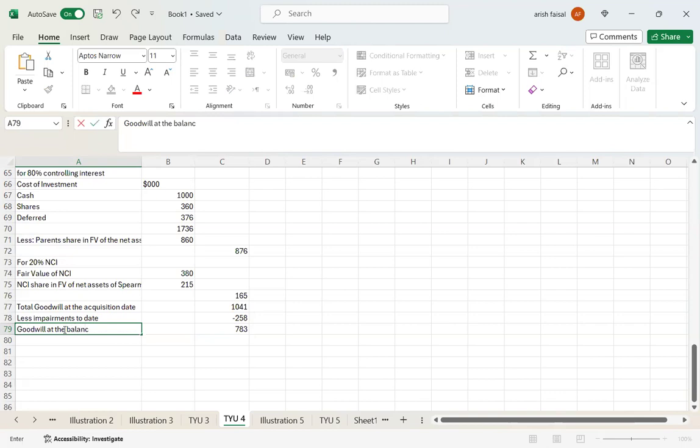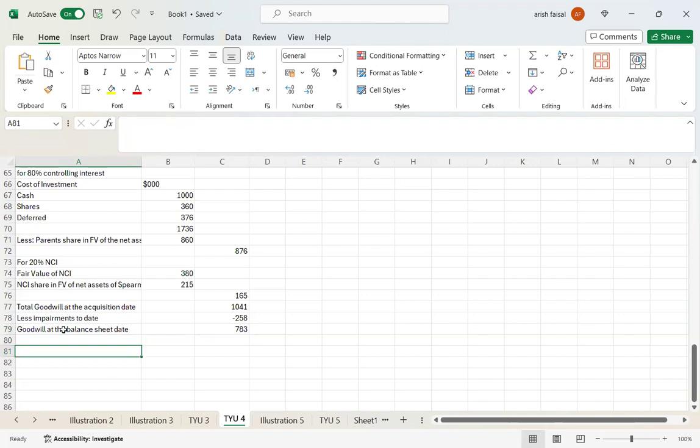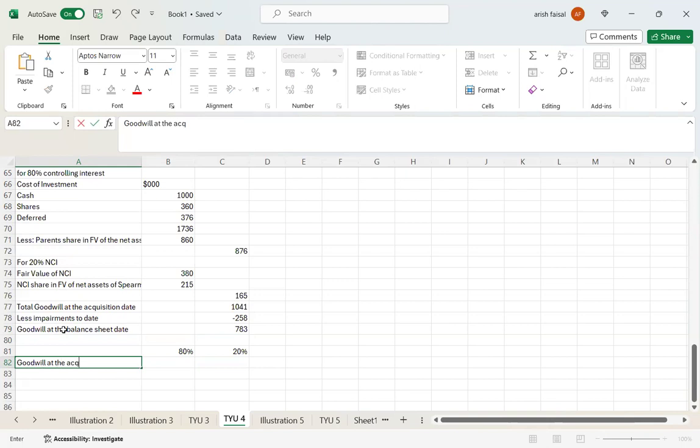Goodwill at the balance sheet date or the reporting date. Okay. But once you have done this, there's one slight adjustment you need to put up over here. So this is the 80 percentage goodwill and this is the 20 percentage goodwill, correct? So this will be your goodwill at the acquisition date.